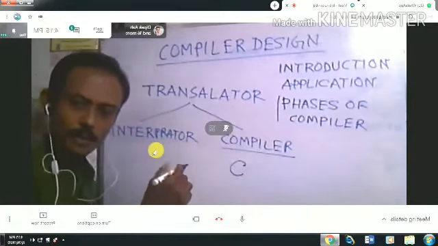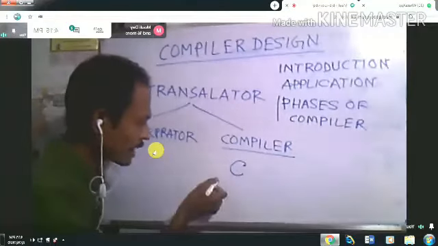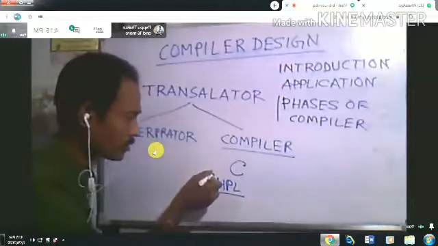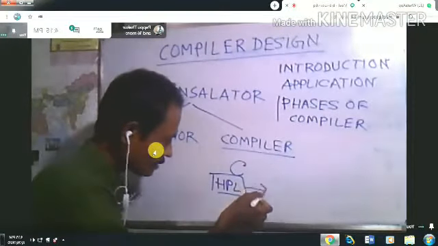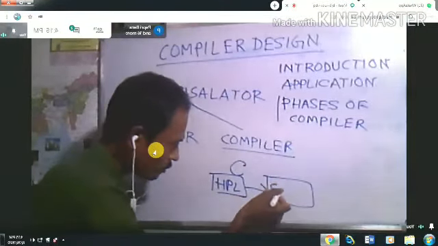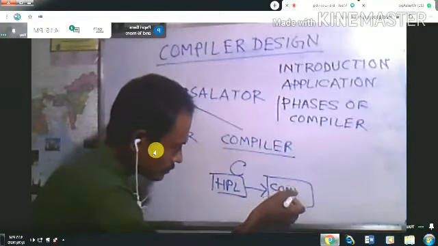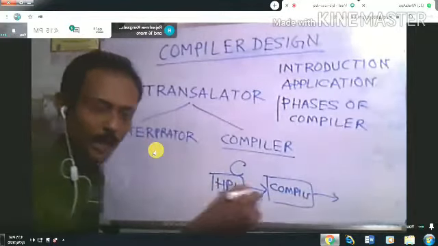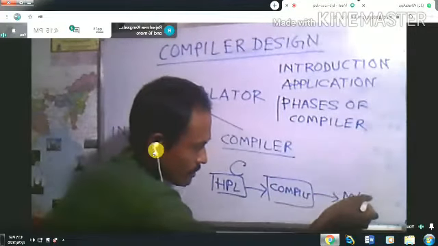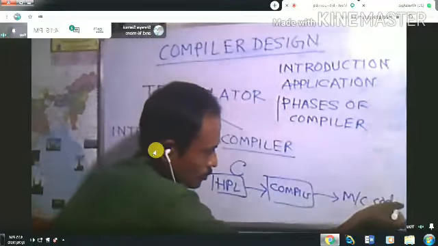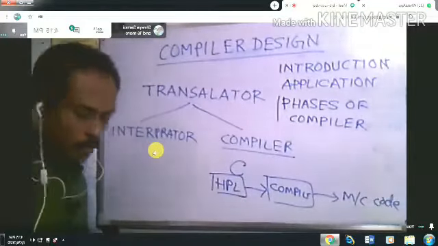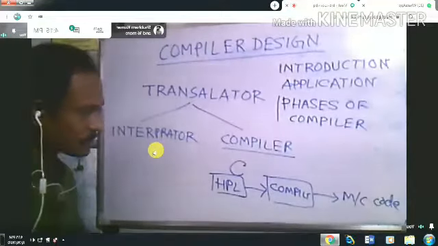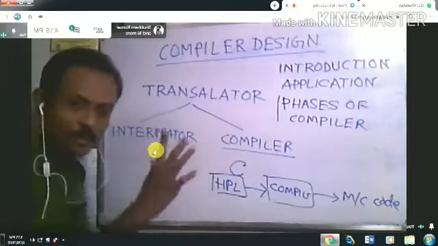We write code in a high level programming language, which is English-like, and this will be the input of a compiler, and the output is the machine code. Clear? So this is called the compiler, and there is a difference between compiler and interpreter.